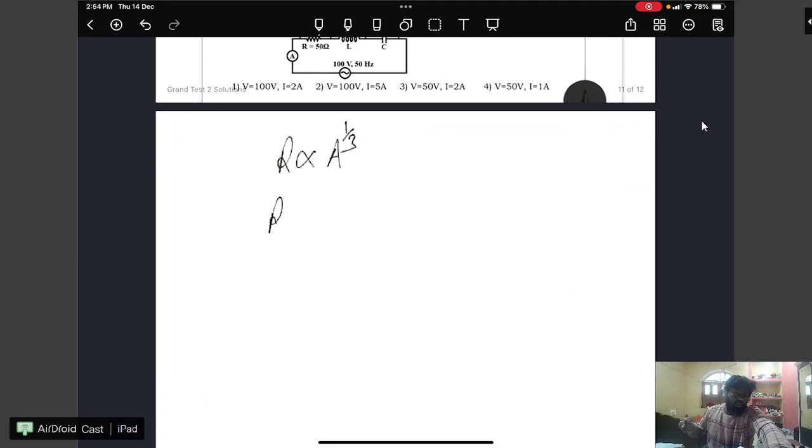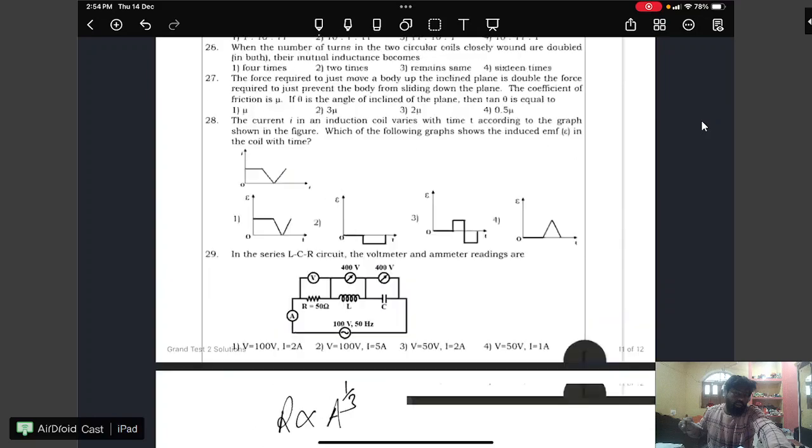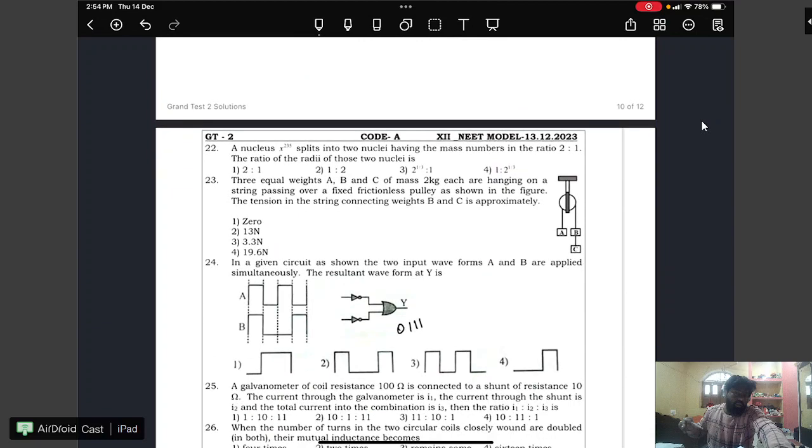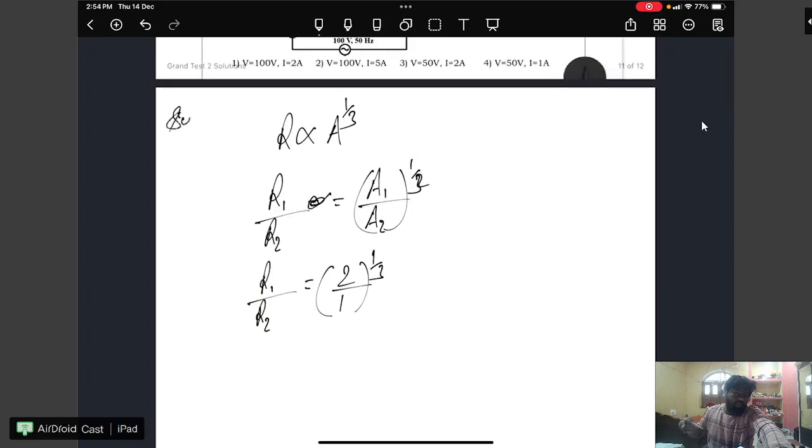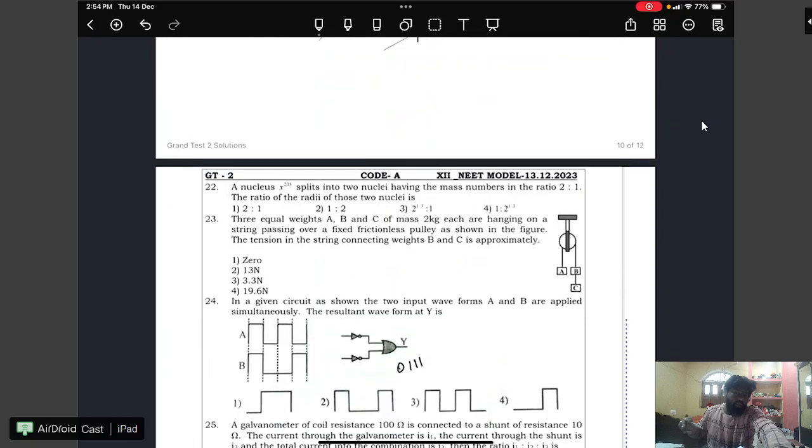So radii 1 by radii 2 equals A1 by A2 to the power 1 by 3. They have given the ratio 2 is to 1, so the radii will be in the ratio 2 is to 1 to the power 1 by 3, the cube root. Very simple. 2 to the power 1 by 3, option third.